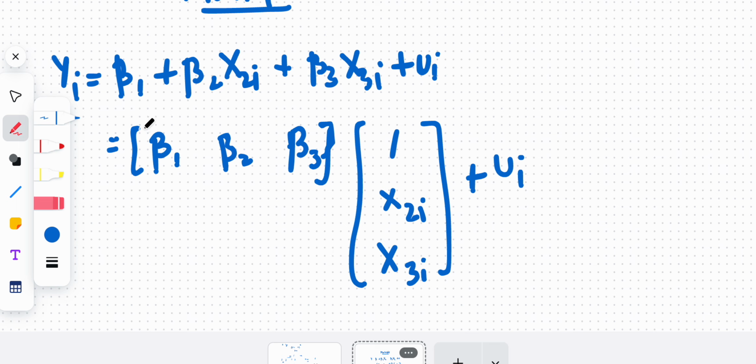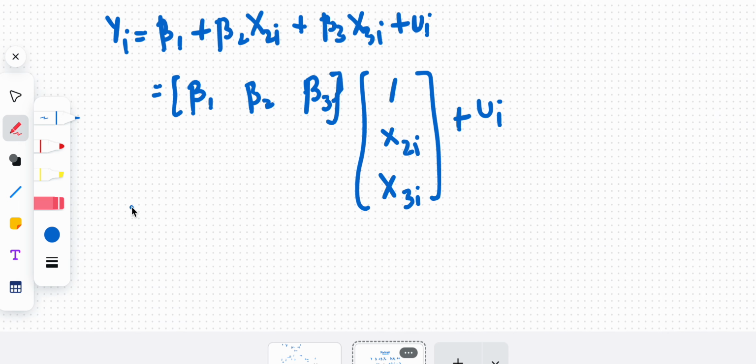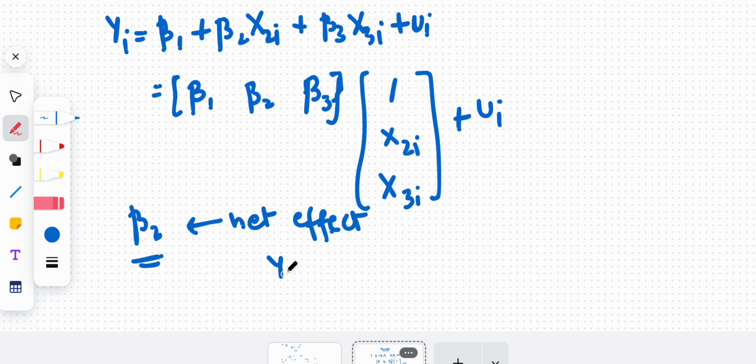Now here, beta 1 gives the average effect of, wait, I'll write what is effect. Beta 2 measures net effect of x2i on yi, holding all other variables constant.